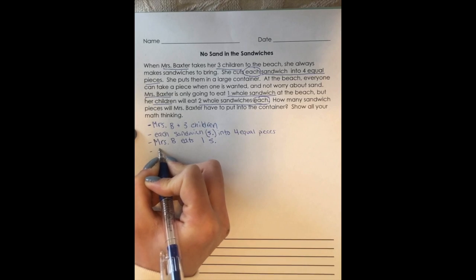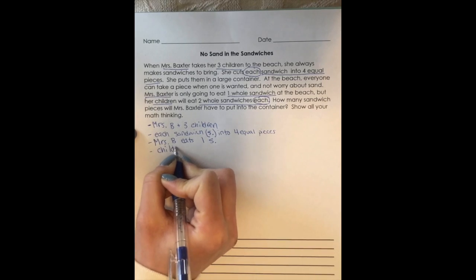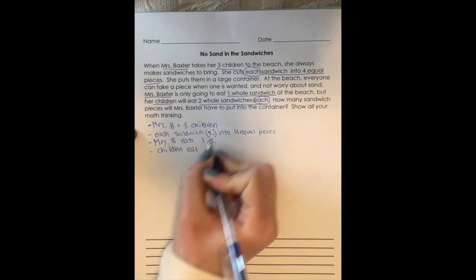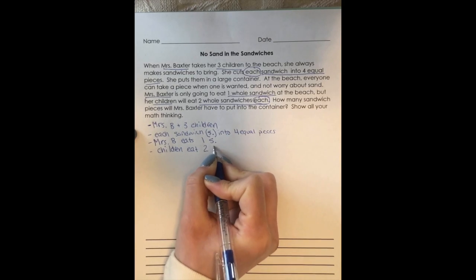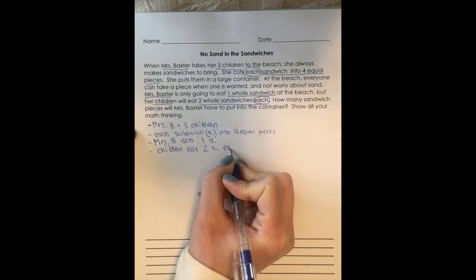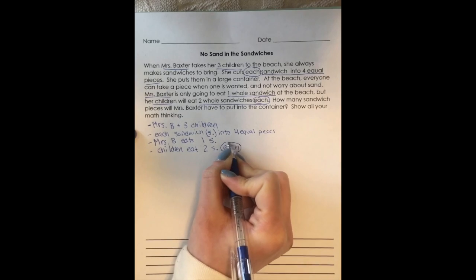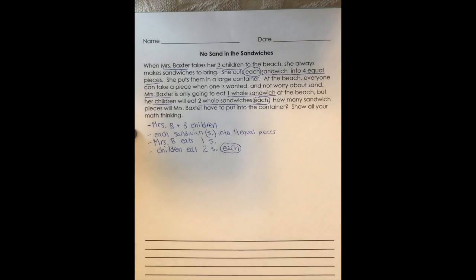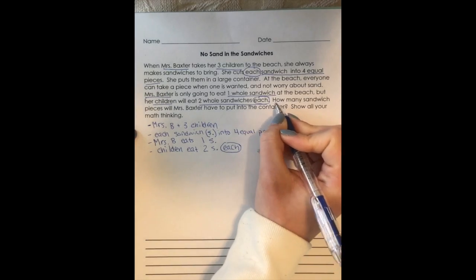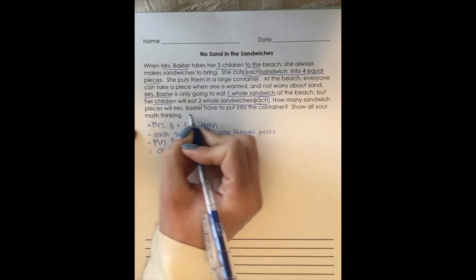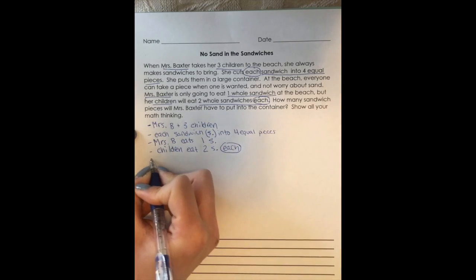And children eat 2 S each. I know each child is going to eat 2 sandwiches. The question is, how many sandwich pieces will Mrs. Baxter have to put in the container?